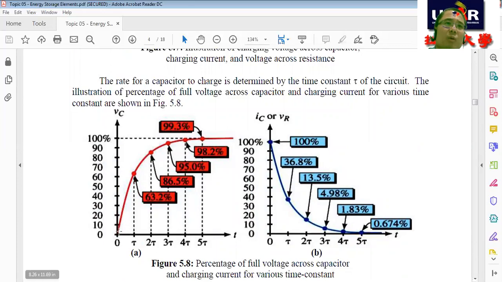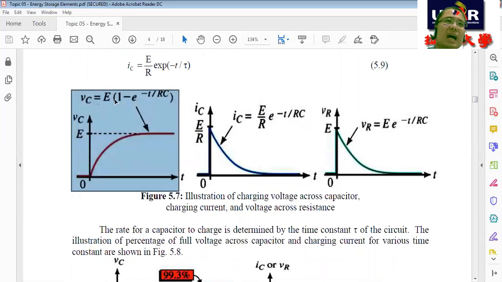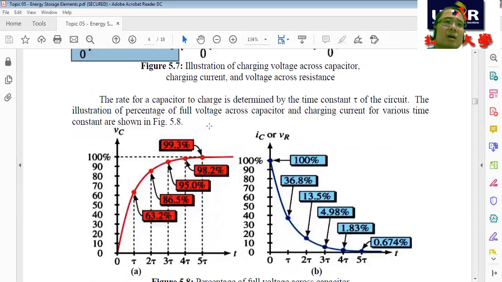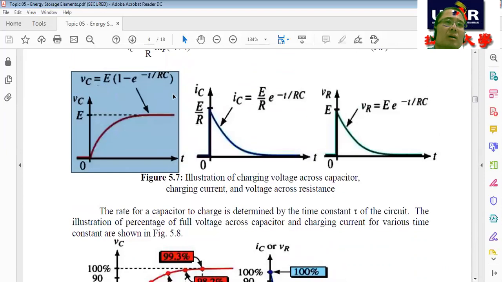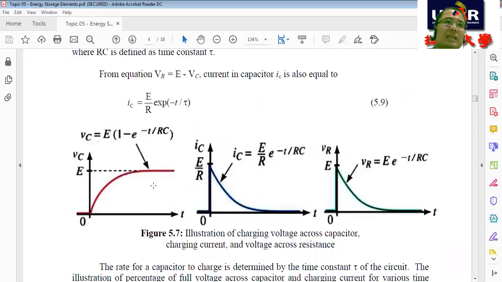When we analyze the VC curve according to this equation, this is tau, RC.